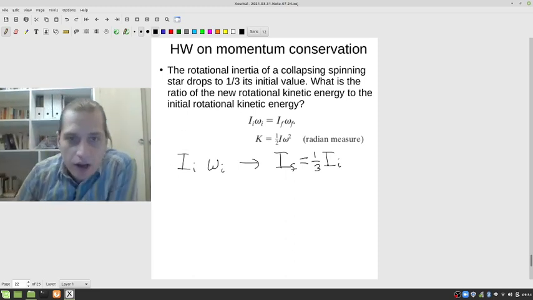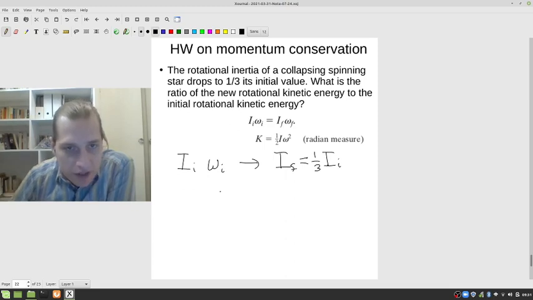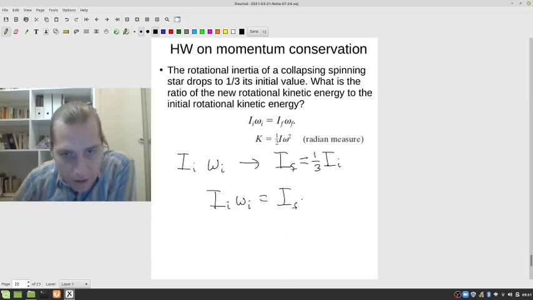Now, if you have conservation of angular momentum, what this means is that I initial times omega initial equals I final times omega final. So this is your L initial equals L final. The angular momentum at the beginning is the same as the angular momentum at the end.